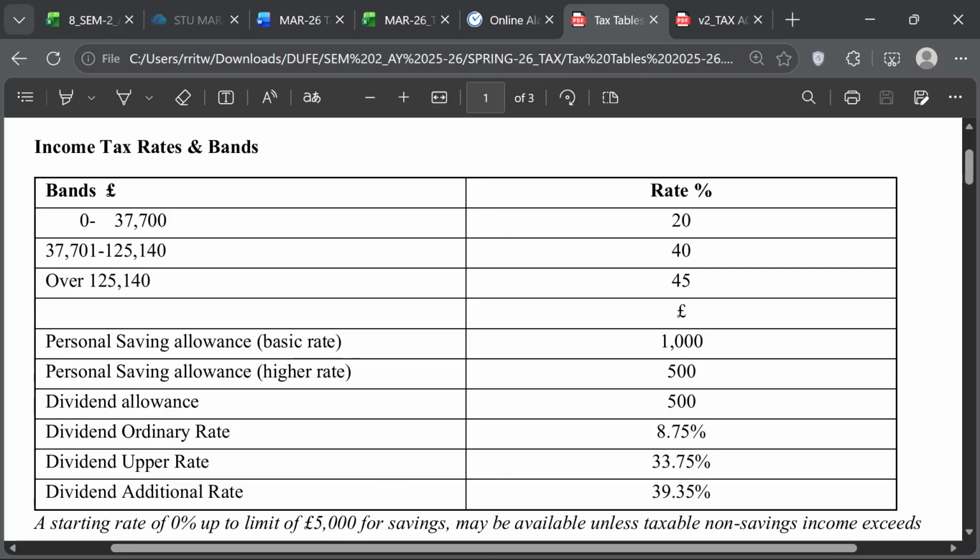This picture should have been dropped into this, because these rates actually correspond to this and this. Similarly, in the case of capital gains, we don't really care about this one because there are only two rates. If you're in this band, you get one rate, which is the 18, and if you're here or here, it doesn't matter wherever you are, it's 24. The moment you cross over this one, you get into 24, and then you're at 24 throughout.